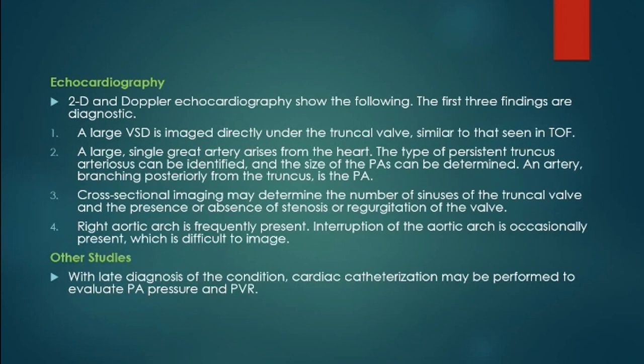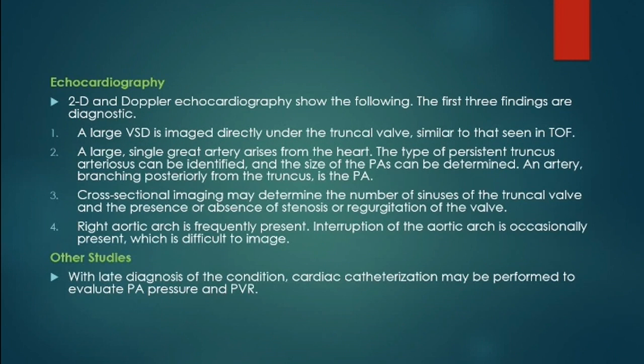Echocardiography is diagnostic by a large VSD seen under the truncal valve, and a large single arterial trunk with the characteristic pulmonary artery branching pattern according to the different types. It also shows the type of truncal valve pathology, the number of sinuses, whether it's bicuspid, tricuspid, or quadricuspid, and shows the absence or presence of stenosis or regurgitation in this truncal valve.